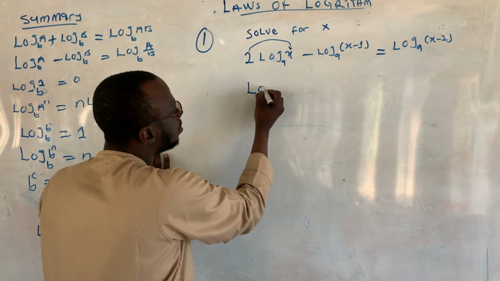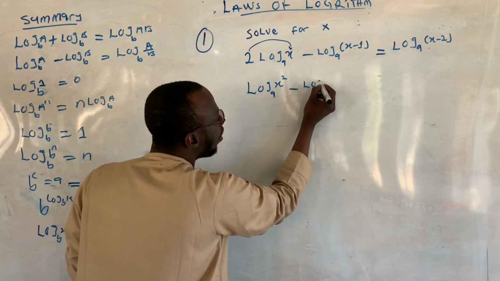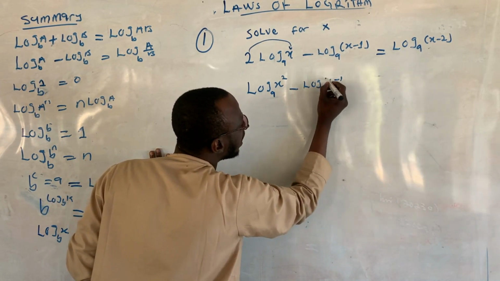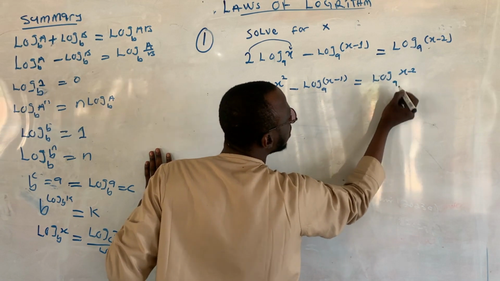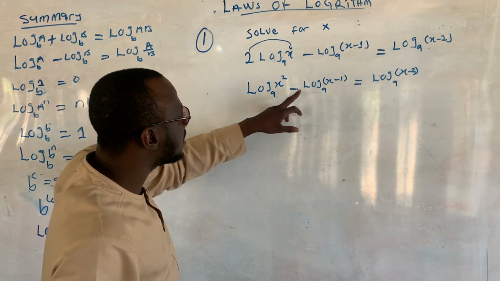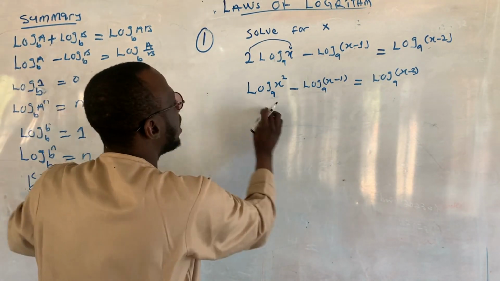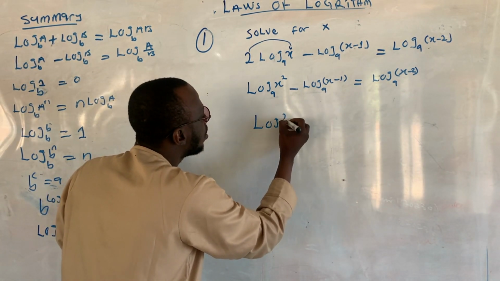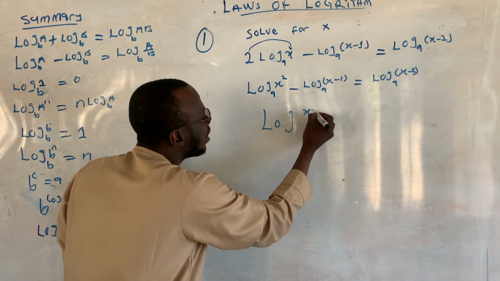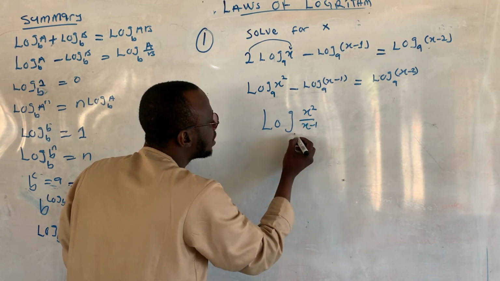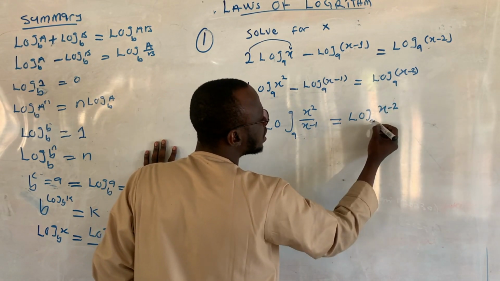We have log x squared base a minus log (x minus 1) base a equals log (x minus 2) base a. Since between these two logs is a negative sign, we can divide, just like in this rule. Then we have log of x squared over (x minus 1) base a equivalent to log (x minus 2) base a.